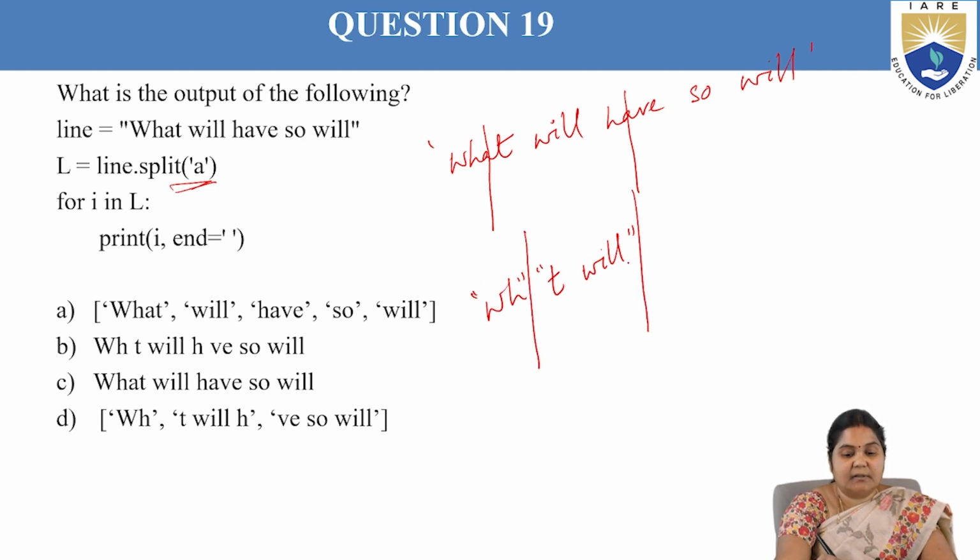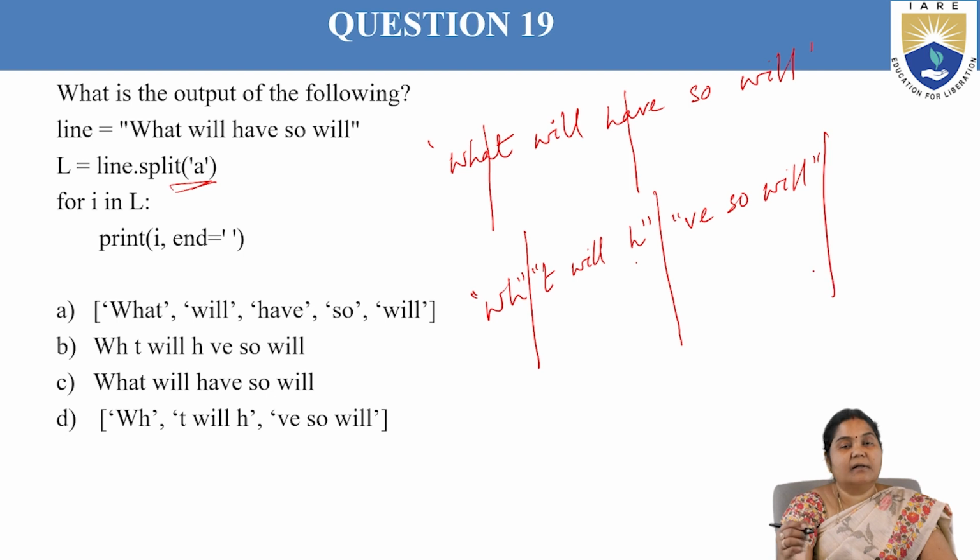Then the next: WH, then T space WILL space H. This is the second split string. Third, VE, then space so space will. This is the third split string.